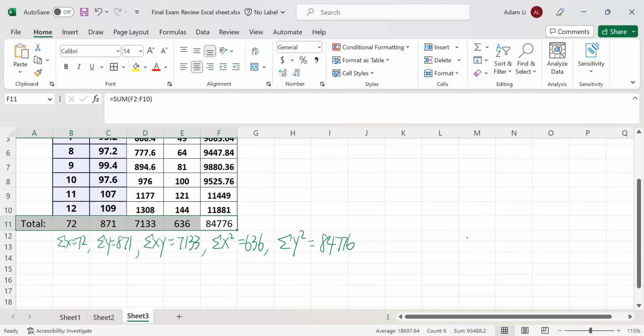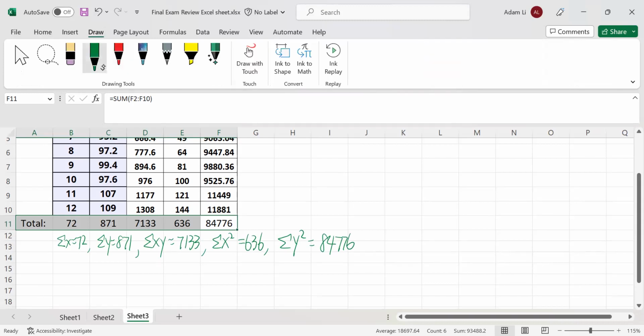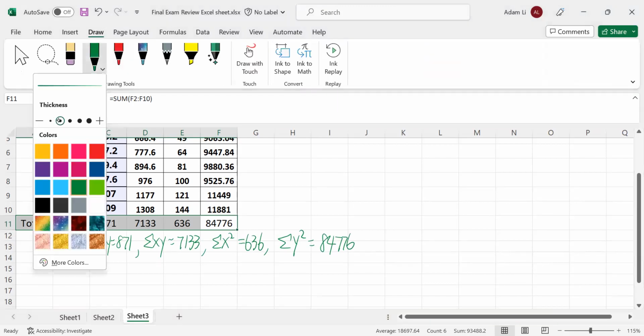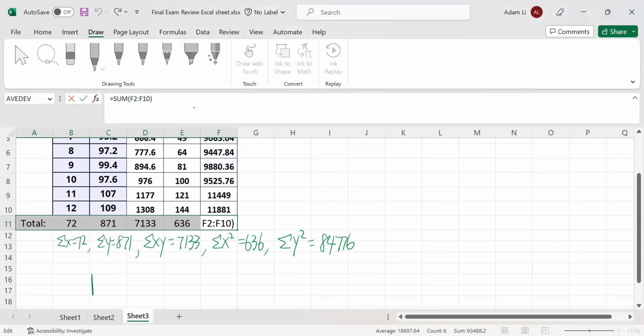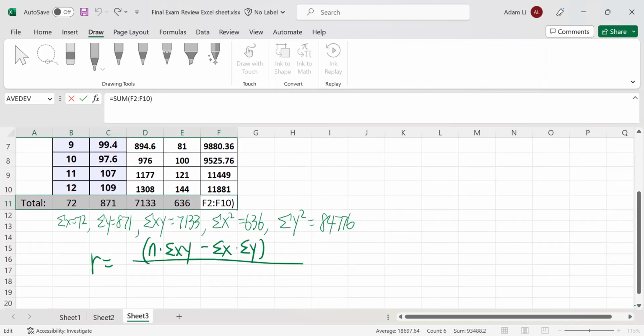Now let's write down the formula for the r. So r equals n times total of xy minus total of x times total of y. That's on the top. On the bottom, the first square root is n times total of x squared minus total of x, squared.